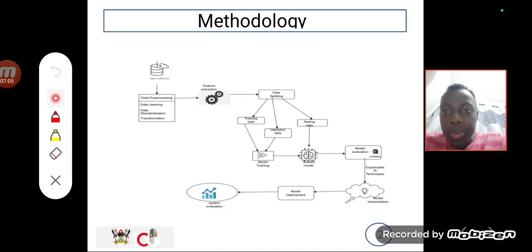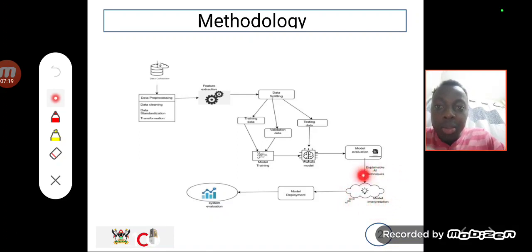The next step, the trained model will be evaluated, whereby we shall have a held-out test set to evaluate its performance.